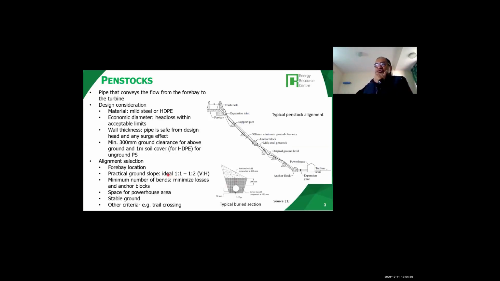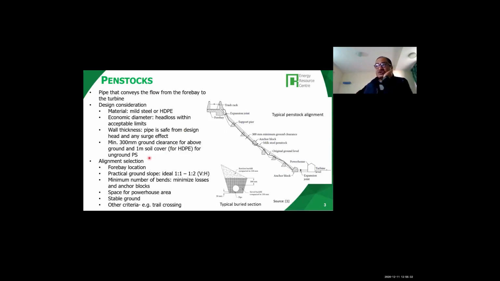We also want to make sure the thickness of the penstock is safe for the design head, because the water that flows in the penstock is under pressure. In the beginning the pressure head is low, but as you move down along the penstock, the lower portion has a high design head.